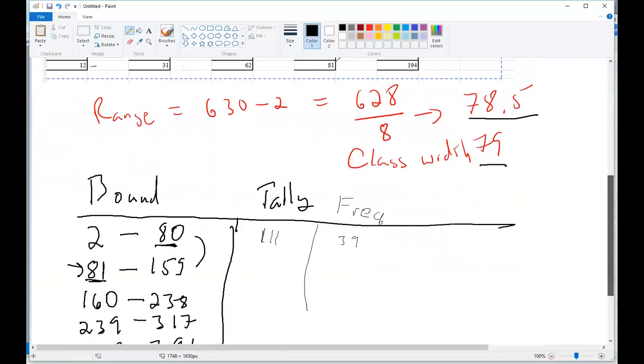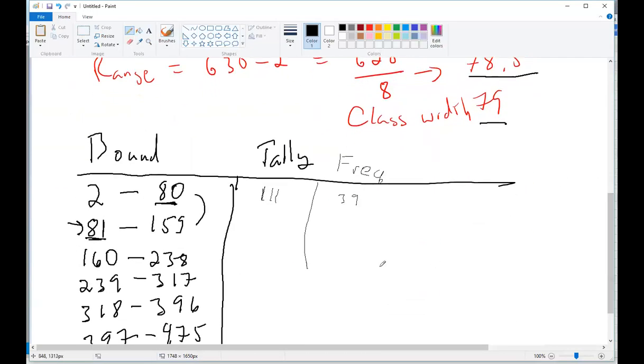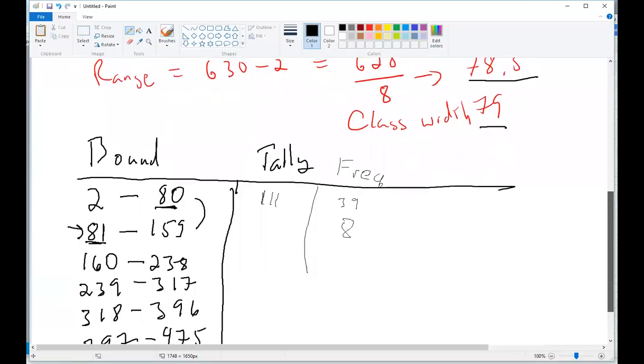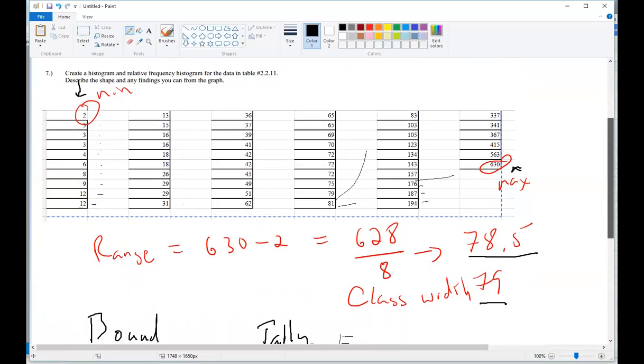And then how many between 81 and 159? So that's 1, 2, 3, 4, 5, 6, 7, 8. So if I did that right, that's 8 of them in there. And then how many between 160 and 238? 1, 2, 3. That's it, so 3.